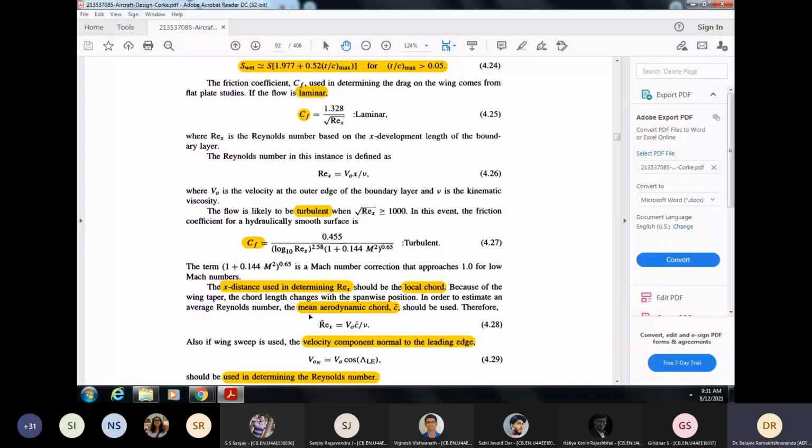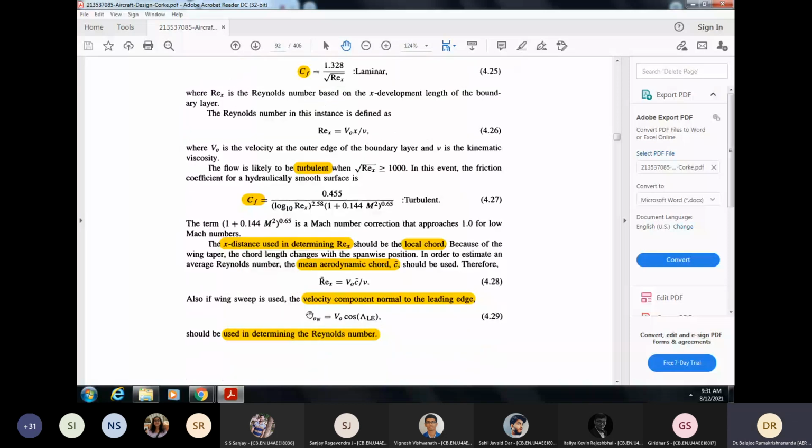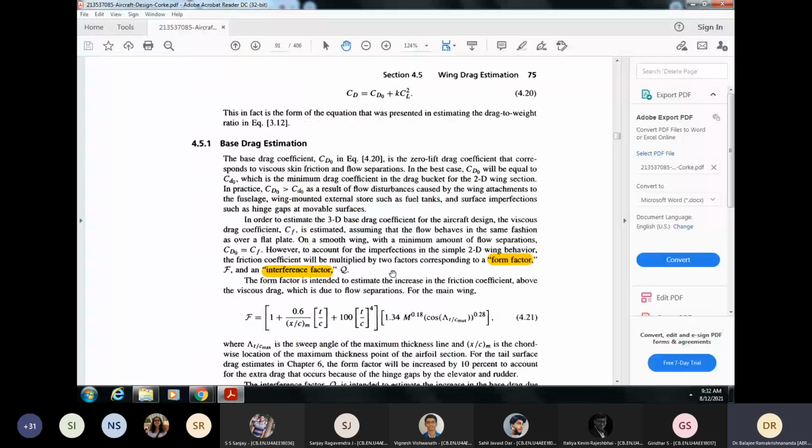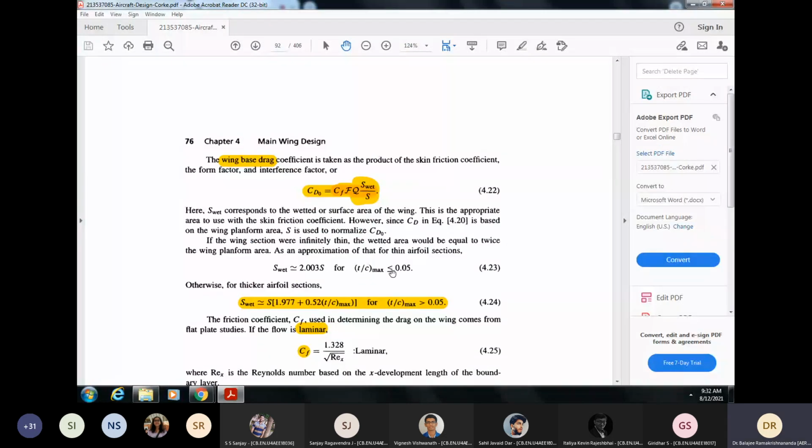So you estimate the mean aerodynamic chord of the wing. How will you estimate? You'll come to it later. Later we'll see, you design the wing before estimating the drag because you need the geometry of the wing to estimate the drag. This CD naught is the base drag coefficient.